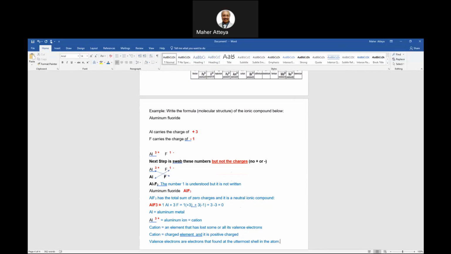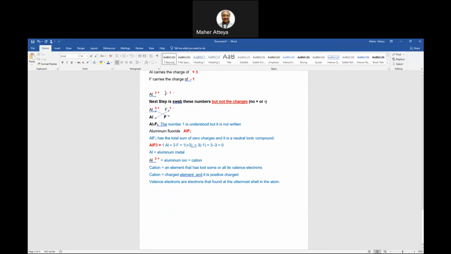What do we call the negative charge? It turns out we will have a definition here as well. So let's take this one, copy it, and go here. The fluorine here, on the other hand, is called fluoride ion.